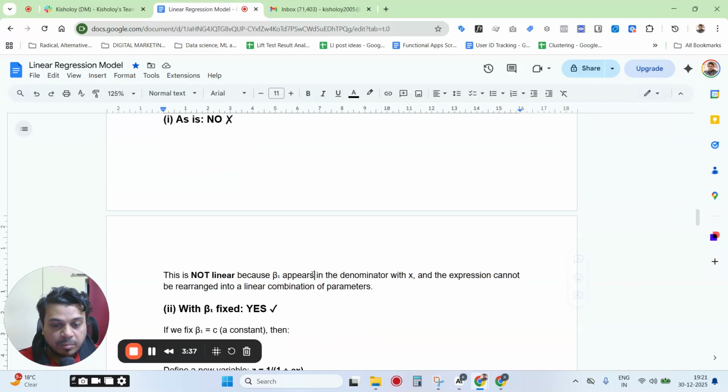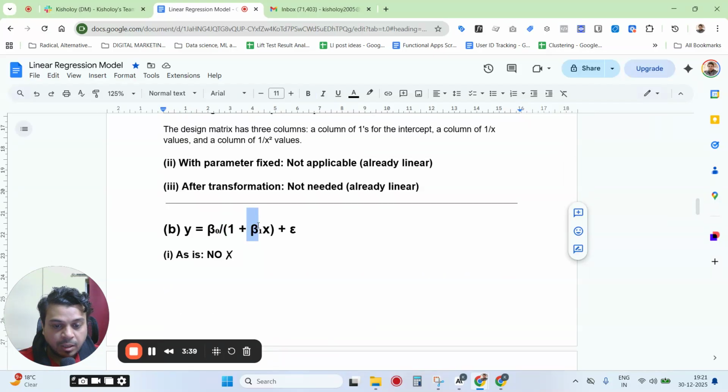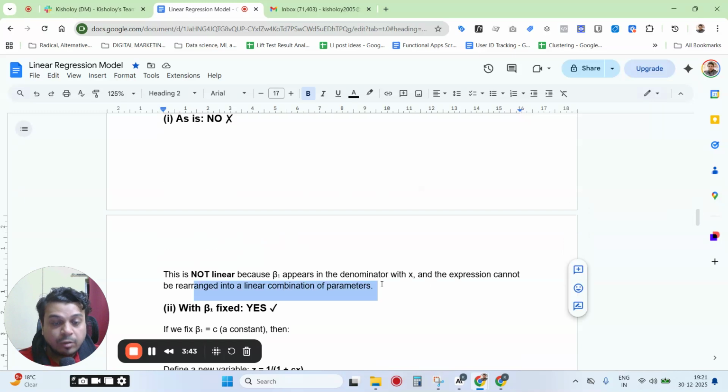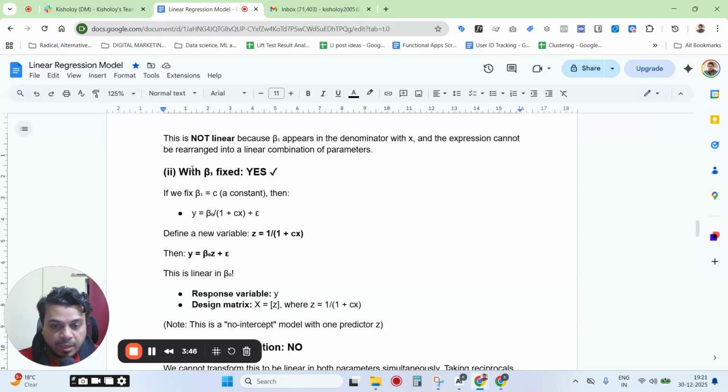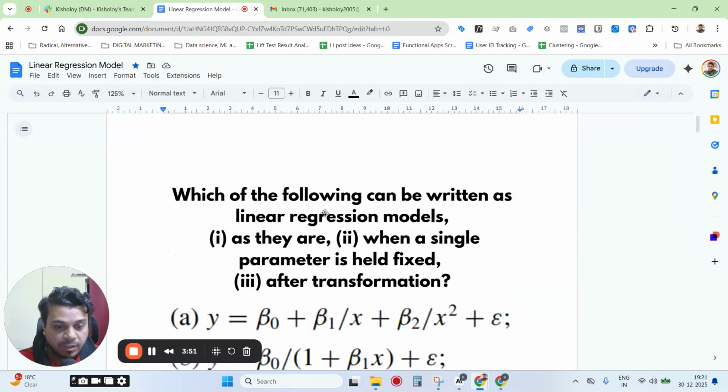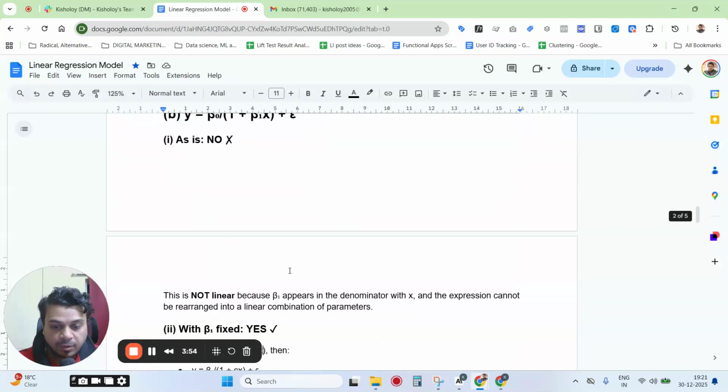It is not linear because beta is appearing in the denominator. It cannot be rearranged into a linear combination of parameters, but with fixing a parameter, rather than transformation, you can do that.